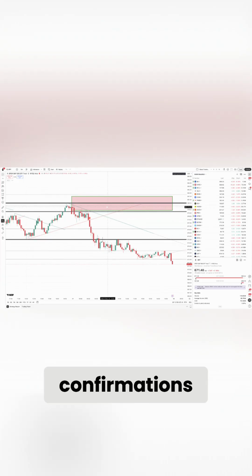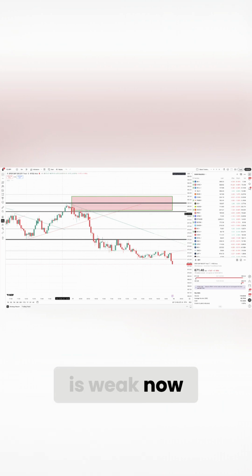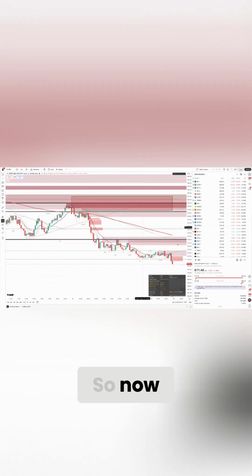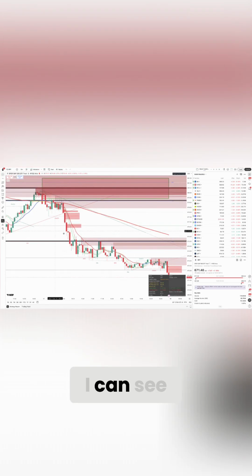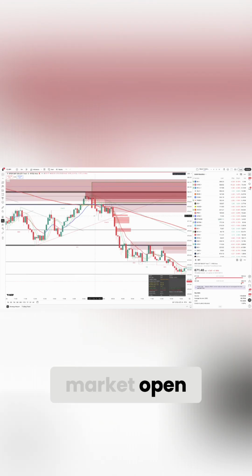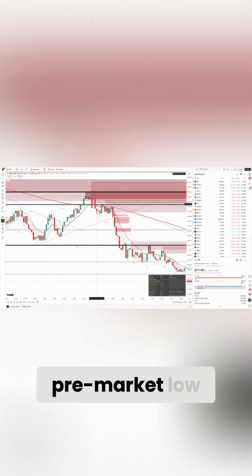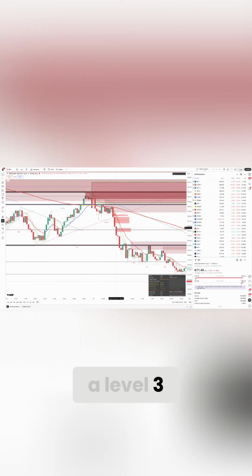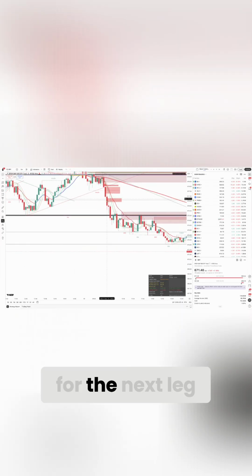So I'm looking for confirmations that fit my bias, and some downside targets. During the market open, I'm opening with a bearish arc, under the pre-market low with a weak candle. I'm pushing up, and then I also get a level 3 confirmation here for the next leg down.